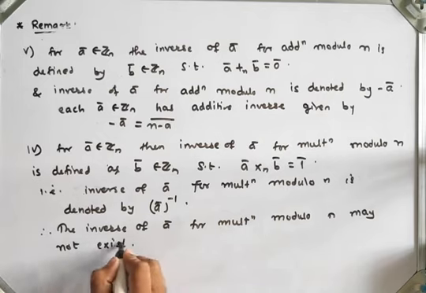So these are the properties, or remarks, for addition and multiplication modulo n.